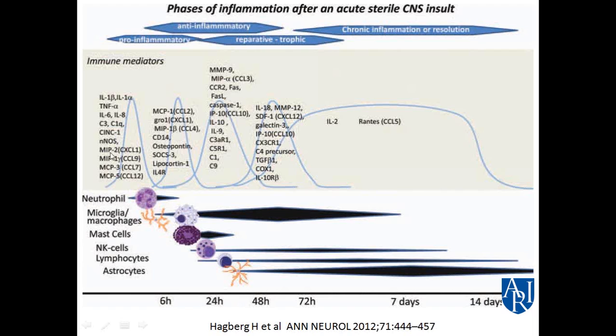So the point here is that there are phases of different immune response that occur from different cell types in the immune system, and that there is a timed regulation of these changes.